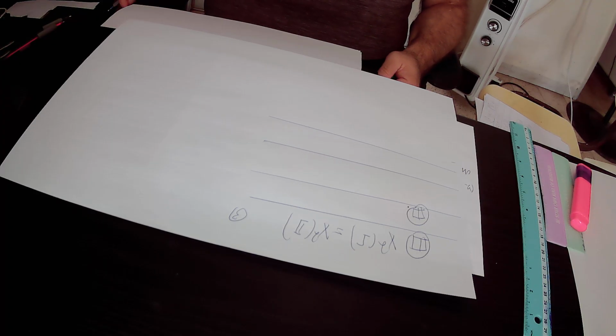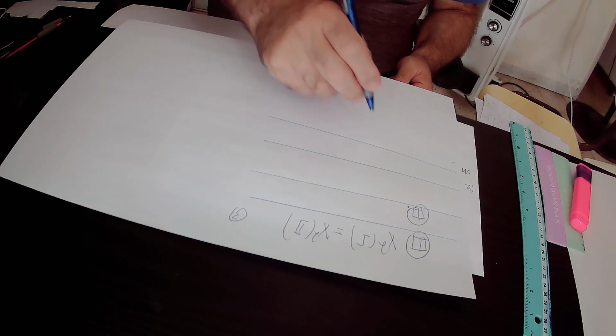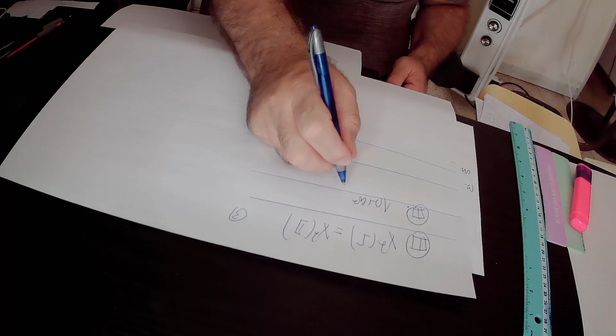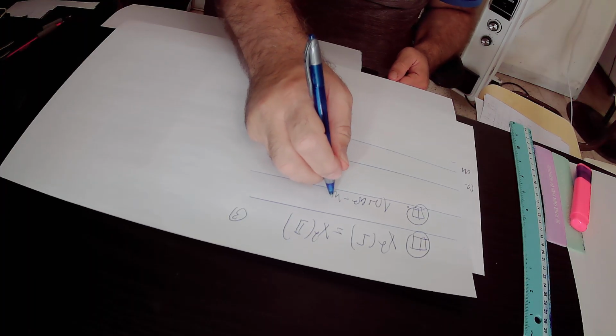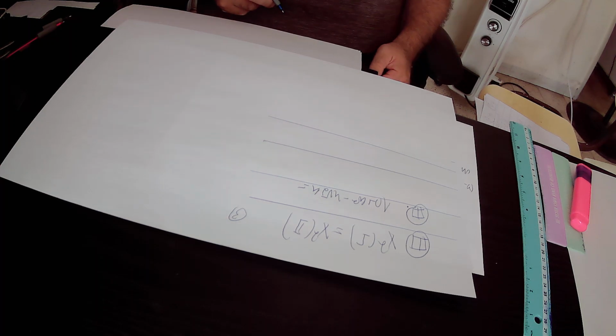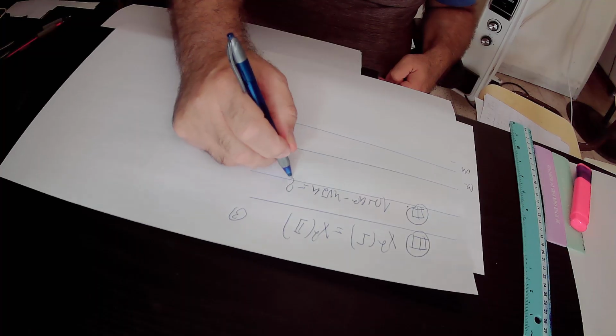X squared according to equation 1 equals 10 plus a squared minus 4 times square root of 2 times a, and it must be equal to x squared according to equation 2. X squared according to equation 2 equals 8 plus a squared.